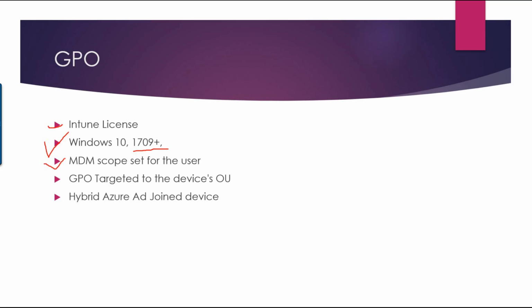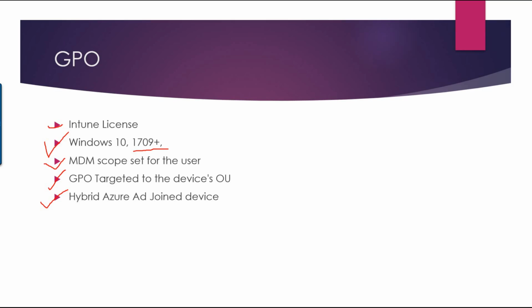Obviously, if we are doing an enrollment via group policy, a group policy will be targeted to an organizational unit. So the device needs to be part of the organizational unit wherein the group policy has been created and targeted. And most importantly, the prerequisite is that the machine needs to be hybrid Azure AD joined.